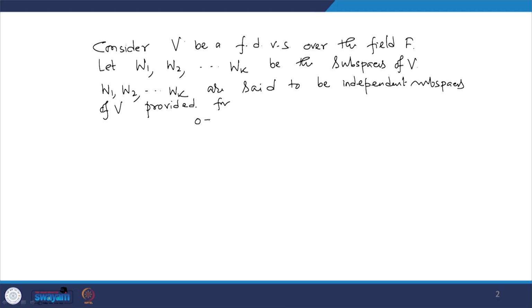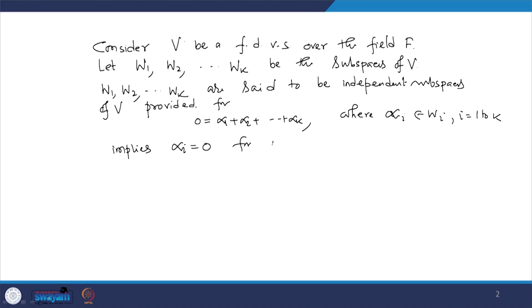for 0 equal to alpha 1 plus alpha 2 plus alpha k, where alpha i belongs to Wi, i equal to 1 to k, implies alpha i equal to 0 for i equal to 1 to k.